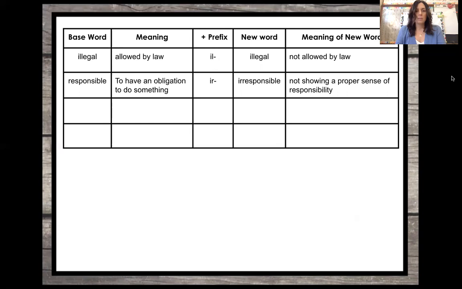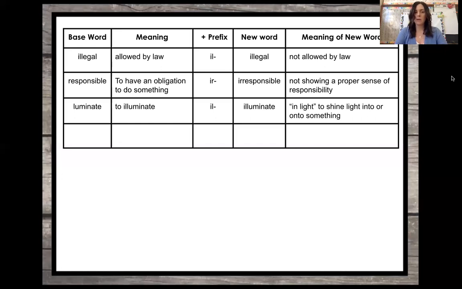Now let's look at some examples where adding the prefix changes the meaning of the word in a different way. So the word luminate. The word luminate is a verb and it actually means to illuminate. So if you add the prefix ill to luminate, the word becomes illuminate, and it literally means in light or to shine light into or onto something.